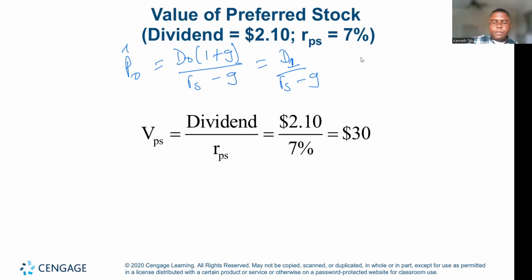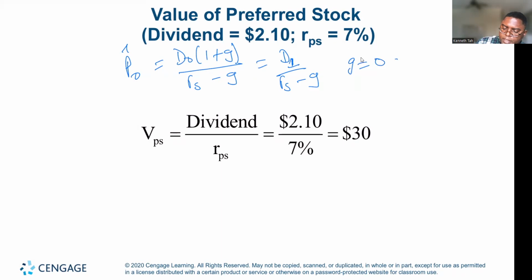All right, but for preferred stock, the growth rate is zero. So the dividend does not grow. It's the same dividend. Preferred stockholders receive the same dividend period after period after period. So it means that g is zero.